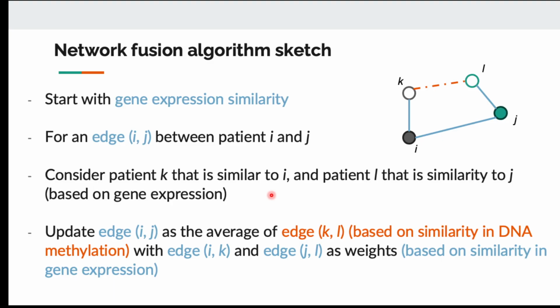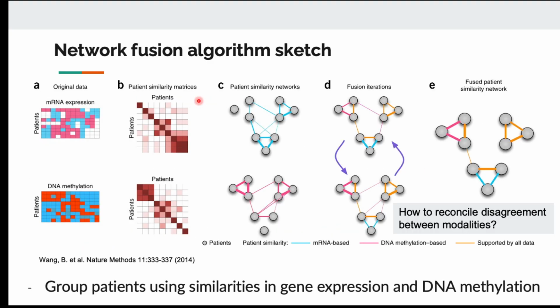So let's look at the idea behind this network fusion algorithm. So let's say we start with gene expression. We start with this patient-patient similarity. And what we want to do with network fusion is make changes to the patient-patient similarity based on gene expression to make it more in agreement with DNA methylation.